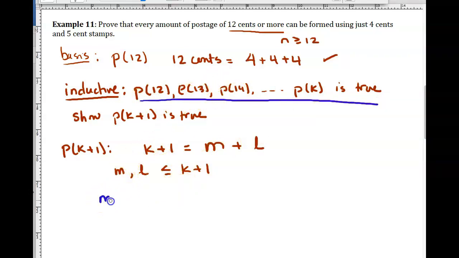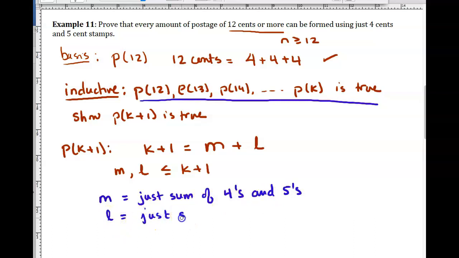That means M can be written as just a sum of 4s and 5s. And also L, because it's less than k plus 1, can be written as a sum of just 4s and 5s, like this.